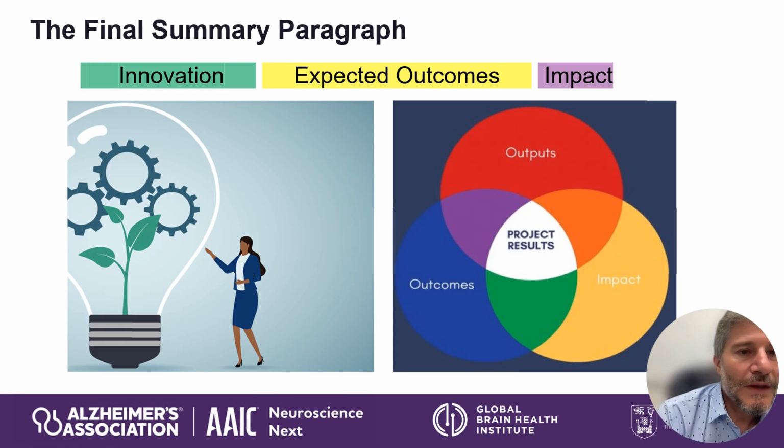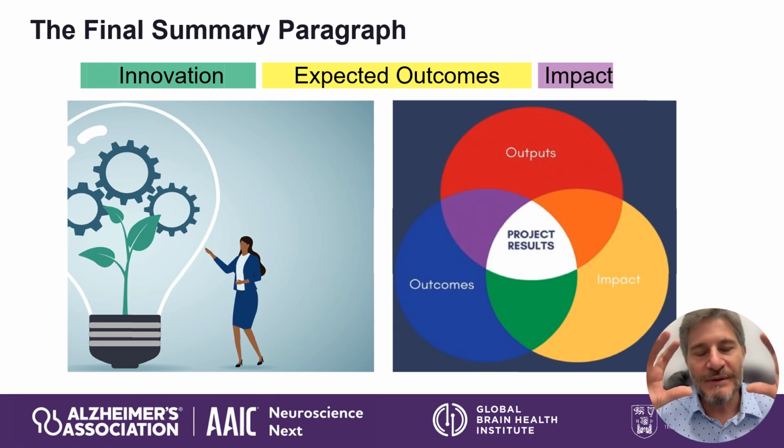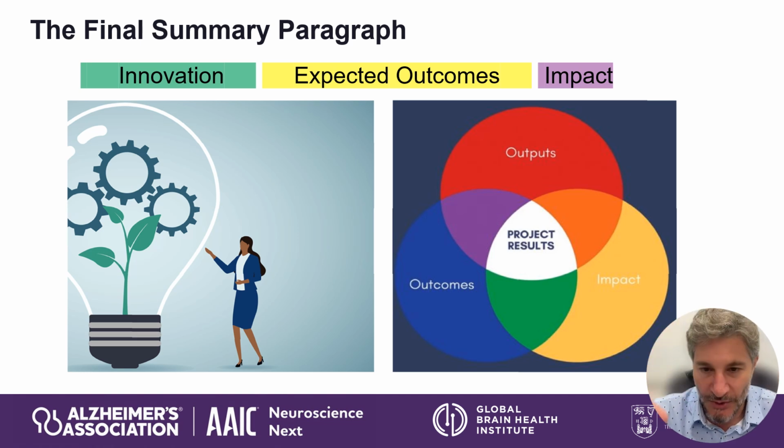Then, in the final summary paragraph that you have in an aims page, you have 3 main aspects. You already presented the field, the gaps, the long-term goal, the specific goals. Now you want to say what you're going to bring with this grant.